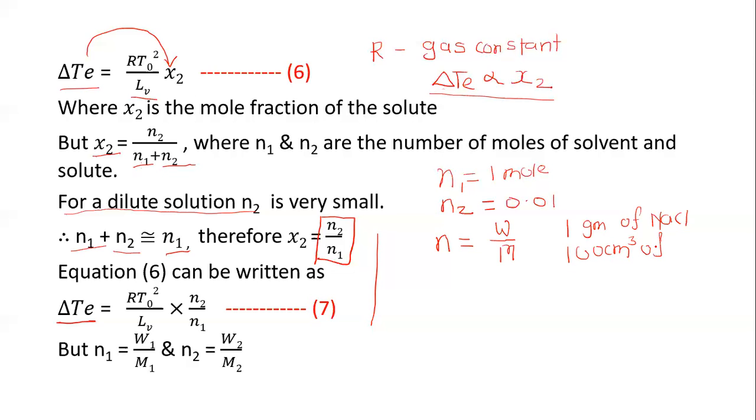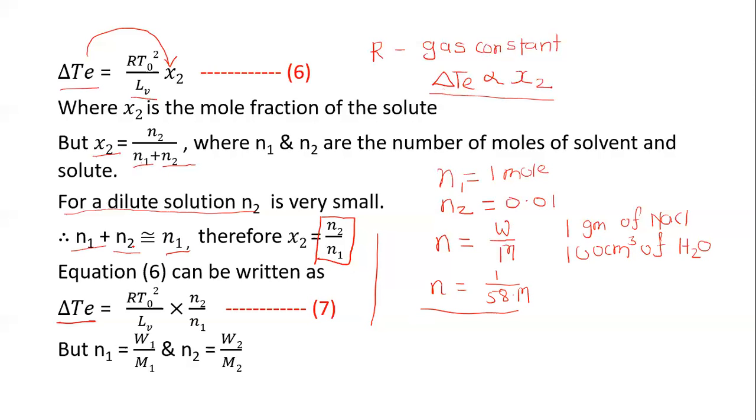Then what is the number of moles of sodium chloride present? The weight W is equal to 1, and the molecular weight of sodium chloride is 58.5. So the number of moles is equal to 1 divided by 58.5, the molecular weight of sodium chloride.